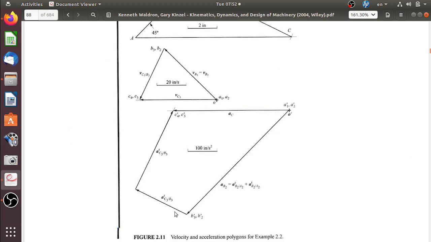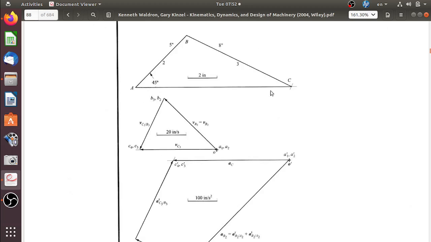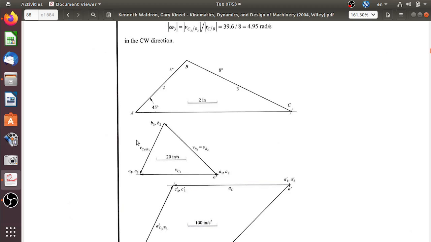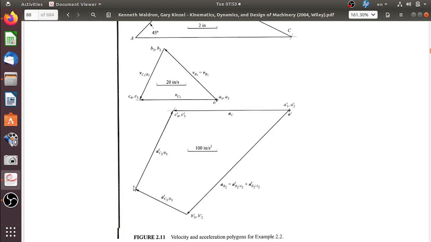We know the formula, which is omega square into the distance between B and C, and it will be in the direction from C to B. So that's our radial component. I have drawn this vector, and I do not know the angular acceleration, but I know the tangential component is going to be perpendicular to this line. So I'm just going to draw a line.